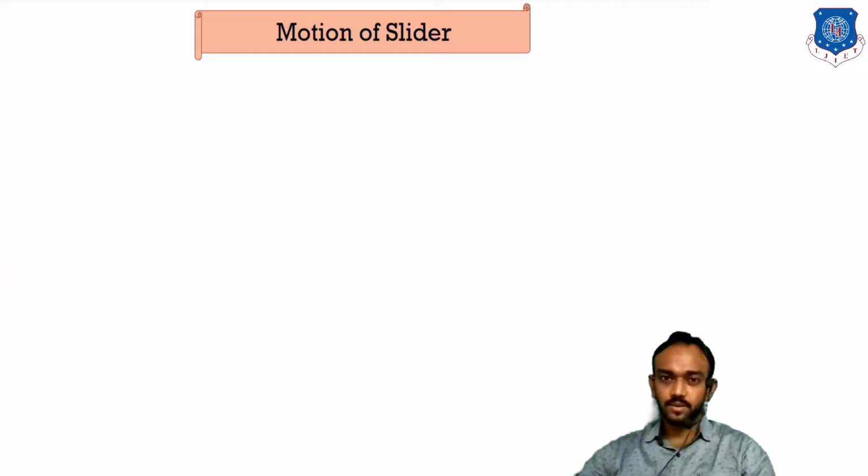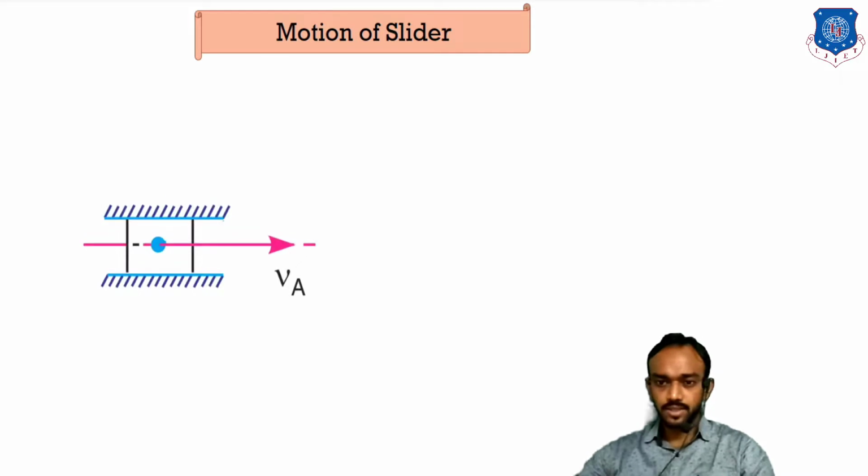Okay, let's start with the motion of the slider. You can see the slider on the screen. If it is moving in a particular direction, what will be the direction of the piston? There is no change in direction.